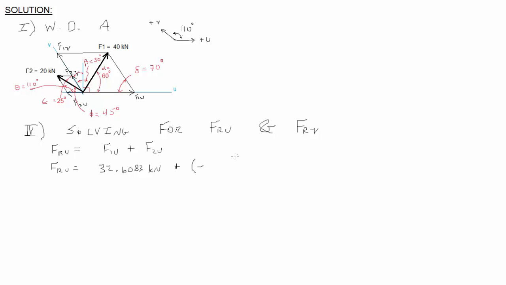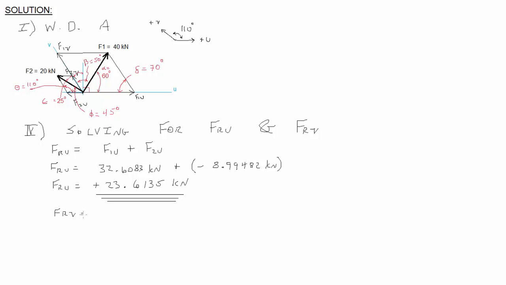F2u is a negative 8.99482 kilonewtons. So when we solve these, FRu is going to equal a positive 23.6135 kilonewtons.